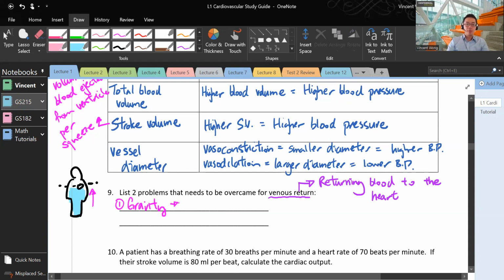So to fix this problem, we need to rely on skeletal muscle pump, okay, as well as valves.